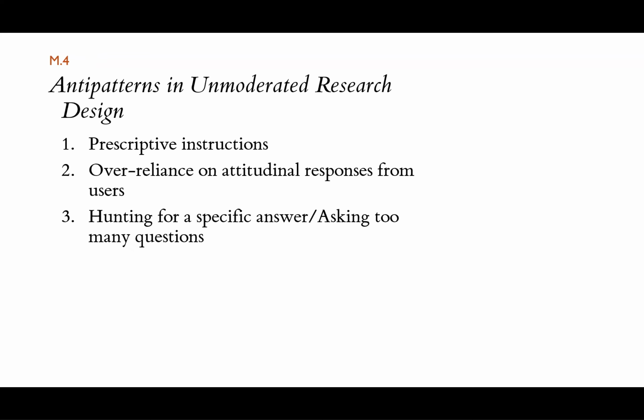I think there are some common anti-patterns that you really see happening as people are making these compromises. One is prescriptive instructions. Two is an over-reliance on attitudinal responses. And three is hunting for that specific answer or asking too many questions.